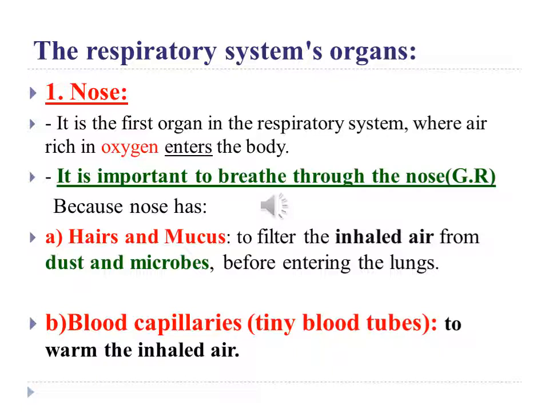Mucus is a sticky substance which we can find inside our nose, which helps us to filter the inhaled air from any dust or microbes before entering the two lungs to prevent the infection of any disease. Also, blood capillaries or blood tiny tubes help us to warm the inhaled air before entering the two lungs.